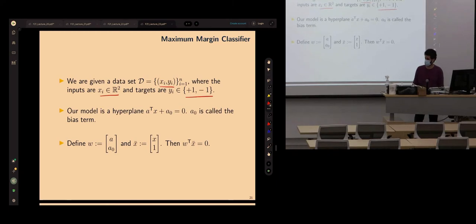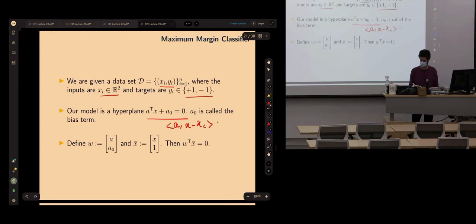Our model, we know that it is a hyperplane. If it's a hyperplane, it will be of this form. I'm changing the notation a little because we had a transpose x minus a transpose xc, and I defined this previously as d, but I'm calling it a0 here.